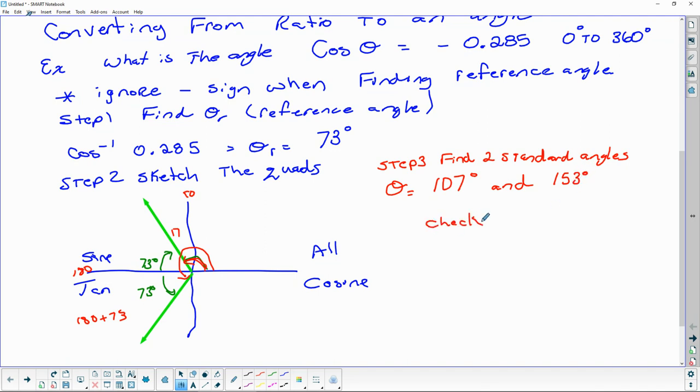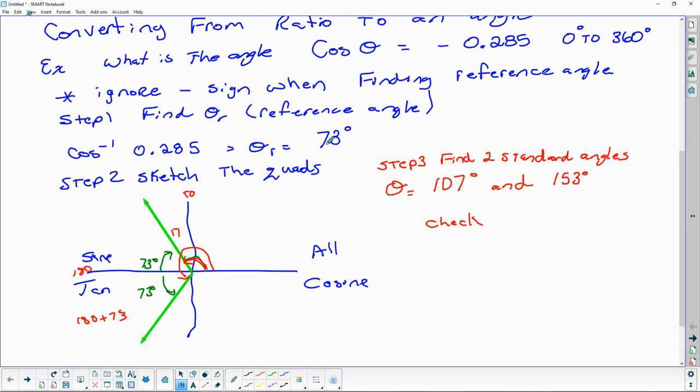Take your calculator, go cosine 107. You should get decimal 0.285 negative. I get 0.292 because we rounded off to 73. So that's close, right?